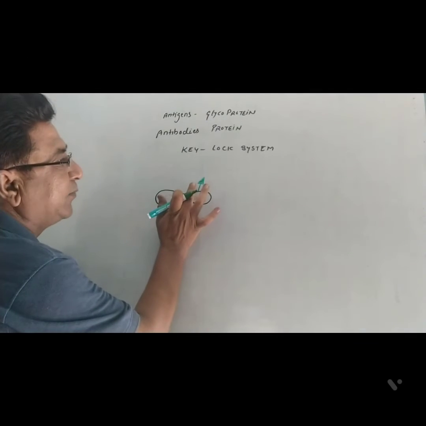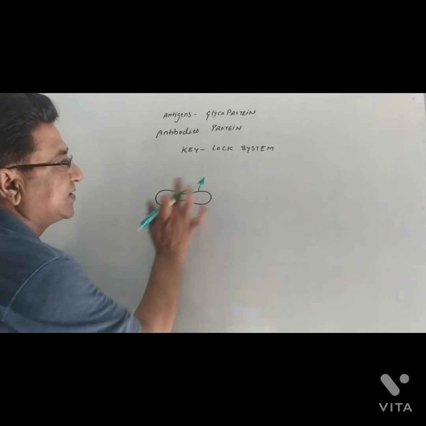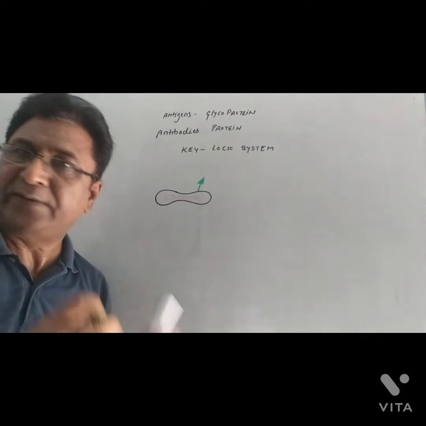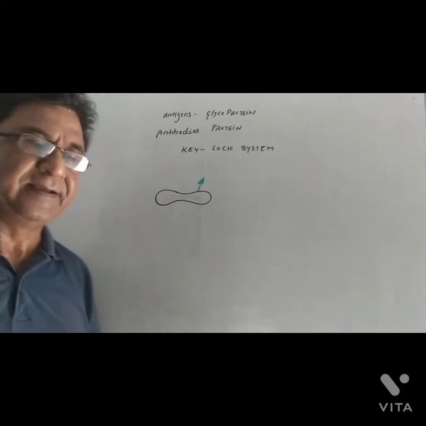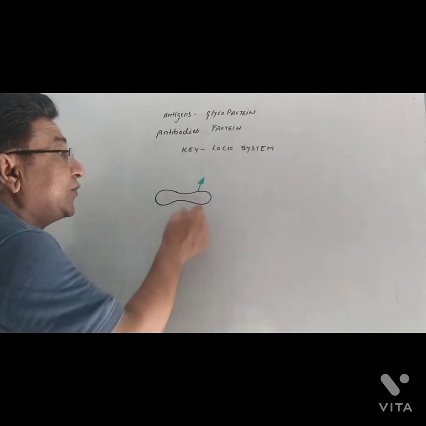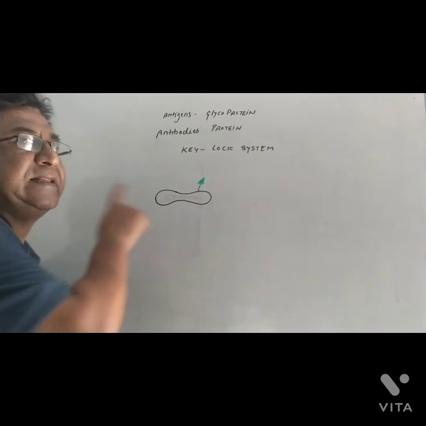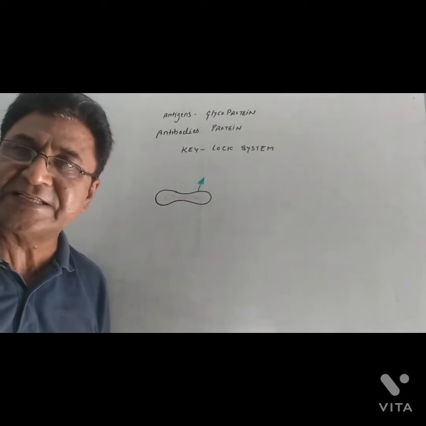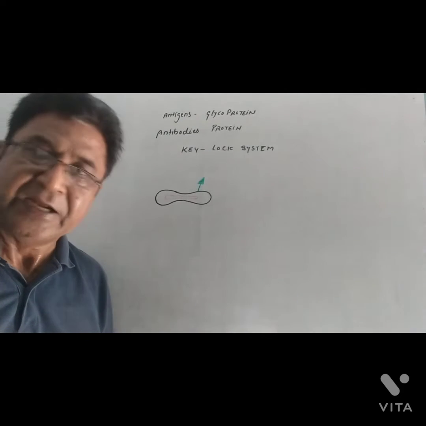The antigen which resembles an A-like structure is called antigen A, and it makes blood group A. Now, how to decide which kind of antibody is present in this blood group which contains antigen A?